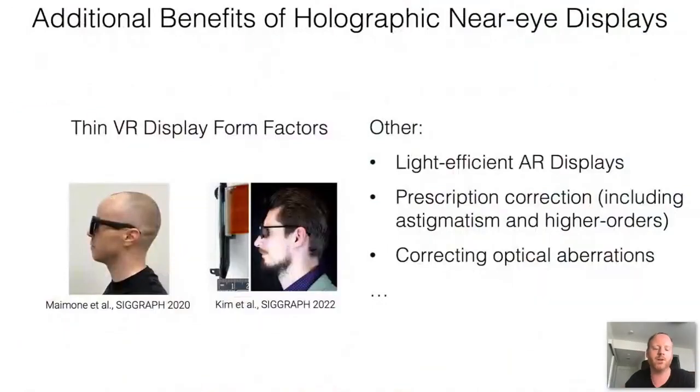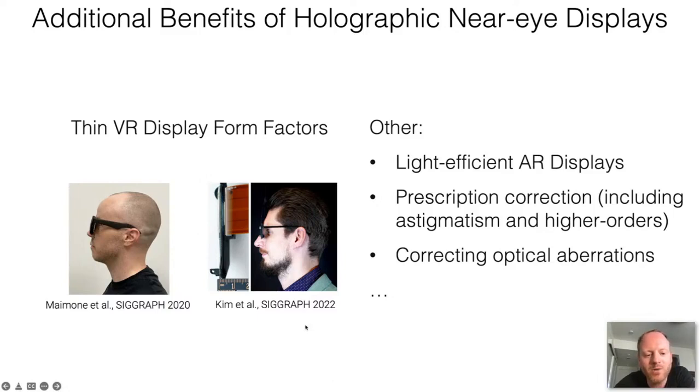But there are other benefits of holograms. For example, in 2020, Facebook, and now Meta, described a very thin pancake optic design that uses holographic lenses, which enables to make the form factors thinner, for example. So these use holographic optics.